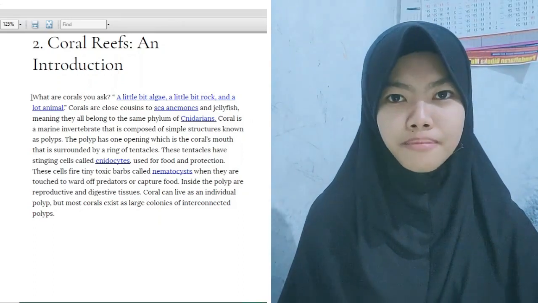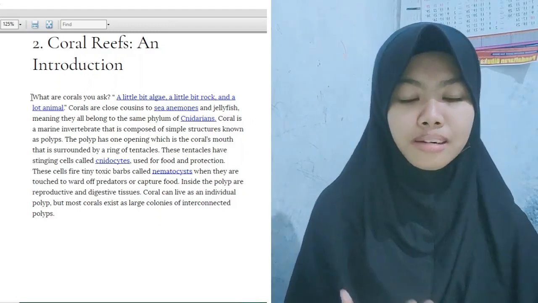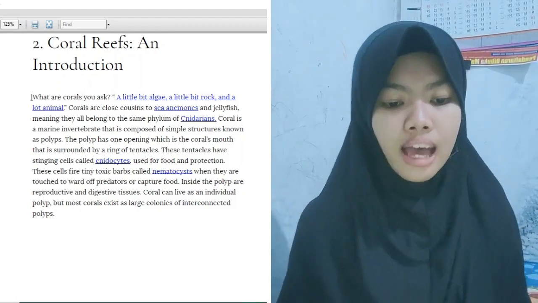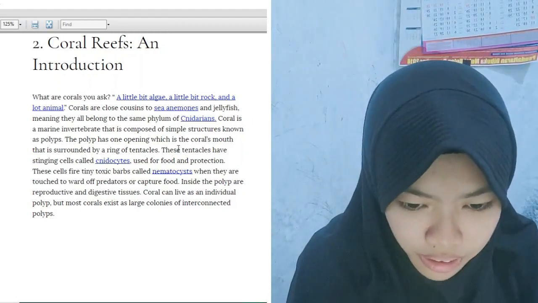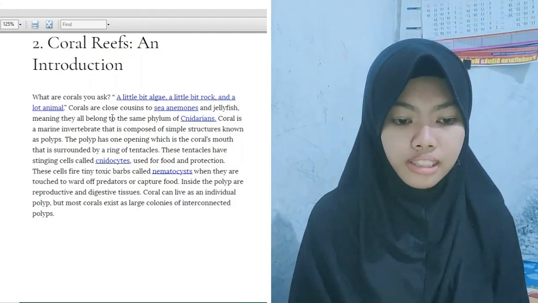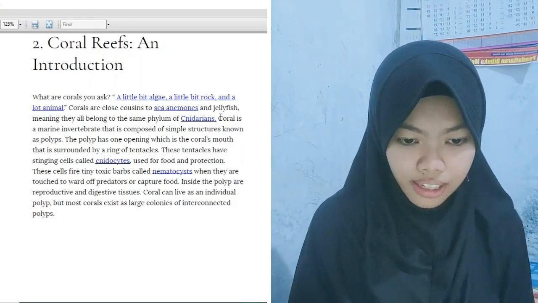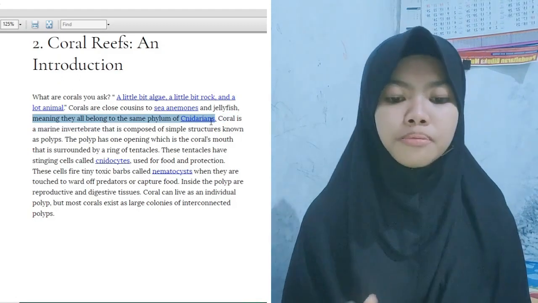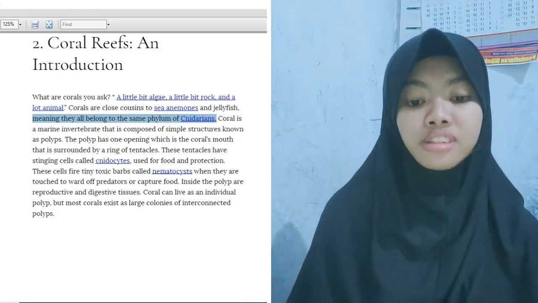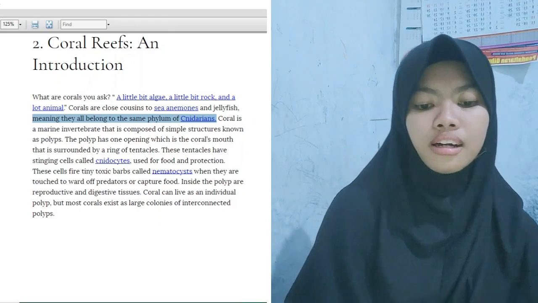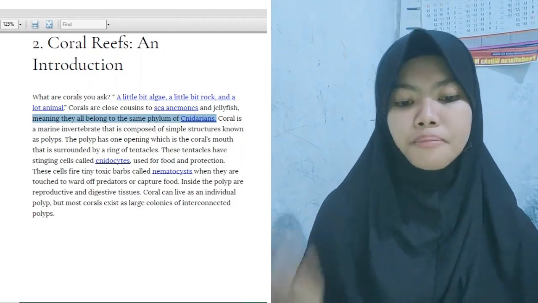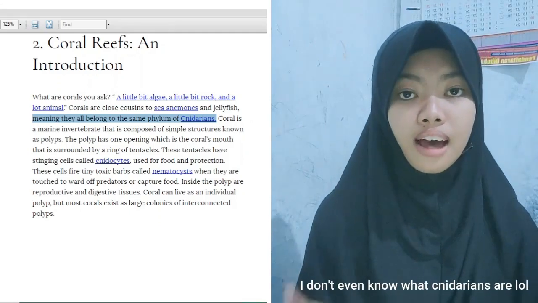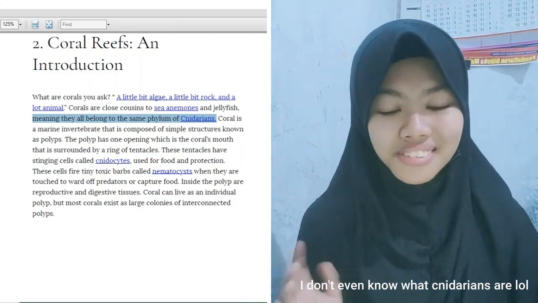If I'm not a biology major, I will probably not understand what coral reefs are just by reading this. If this book introduced coral reefs as something that belongs to the same phylum of Cnidarians, I will not understand what coral reefs are.